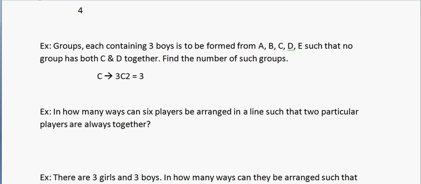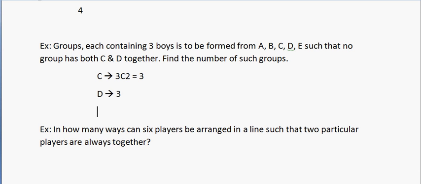Similarly for D, again it would be 3 ways, right? Now there can be a group with neither C nor D, which would be ABE, right? So ABE would constitute one group. So total number of groups would become 7.